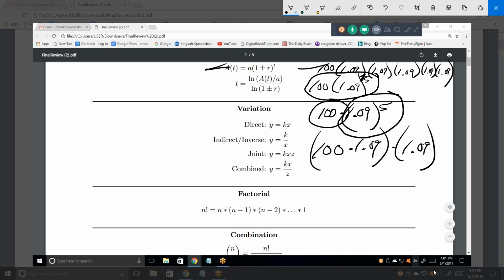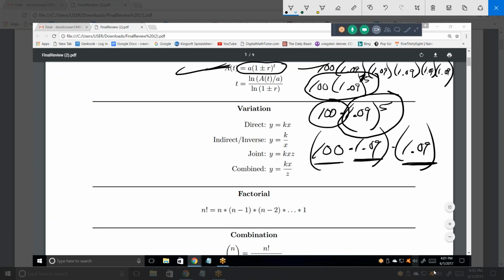This formula presumes that you take the 1 plus r to whatever power it is, then take that answer and multiply it by the beginning principal. Whereas intuitively, you took the beginning principal, multiplied it by one of those, then took that answer and multiplied it by another one, up until 1.09 had been multiplied 5 times. But it's the same.